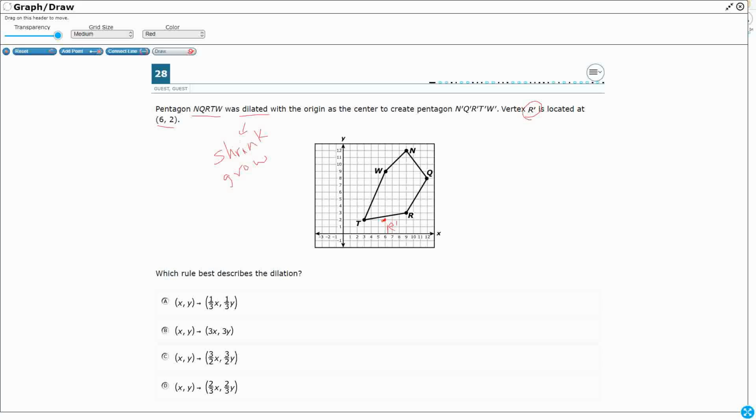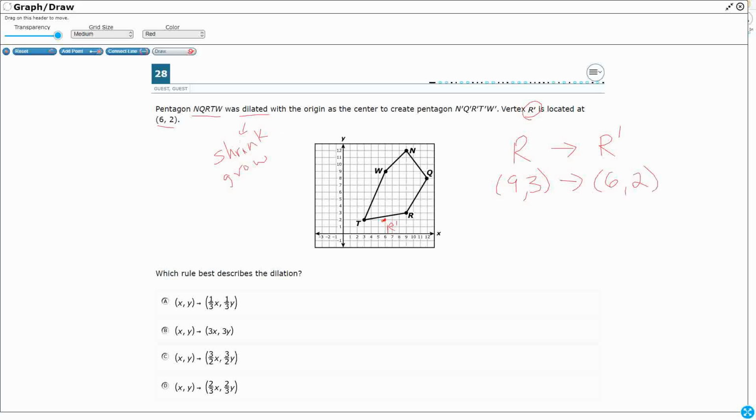Well, we can look at R and R prime. R becomes R prime. What is R? R is 9, 3. So 9, 3 suddenly becomes 6, 2.